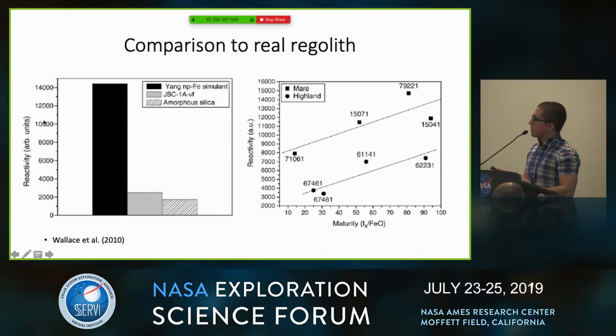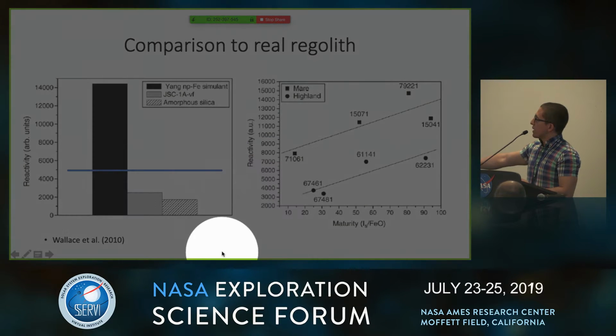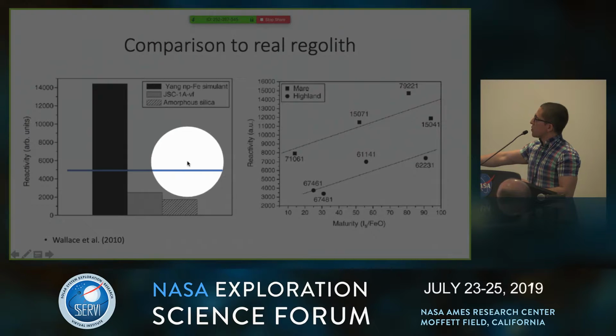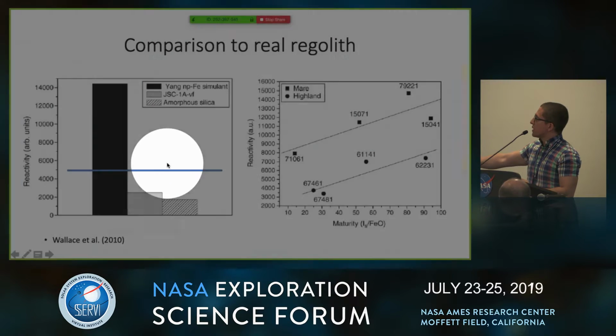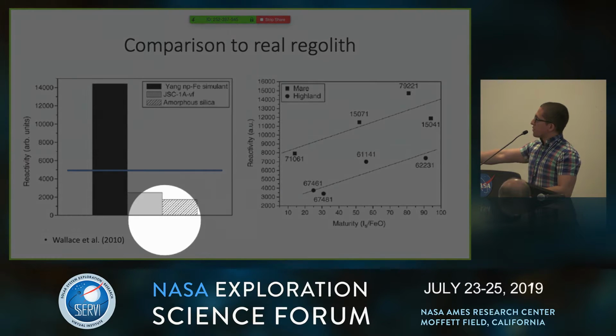And so something pretty interesting that we can do is compare to our results. If we were able to plot our JSC1A here, it would come out to somewhere around here. The reason we can say that is because their JSC1A came out to around 2,500.